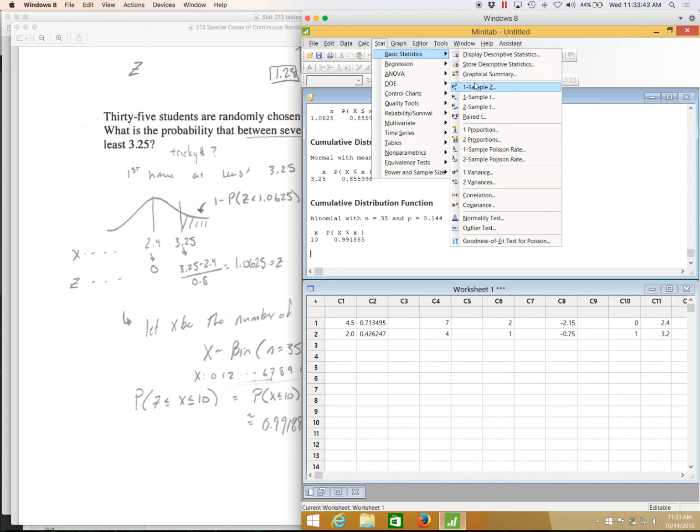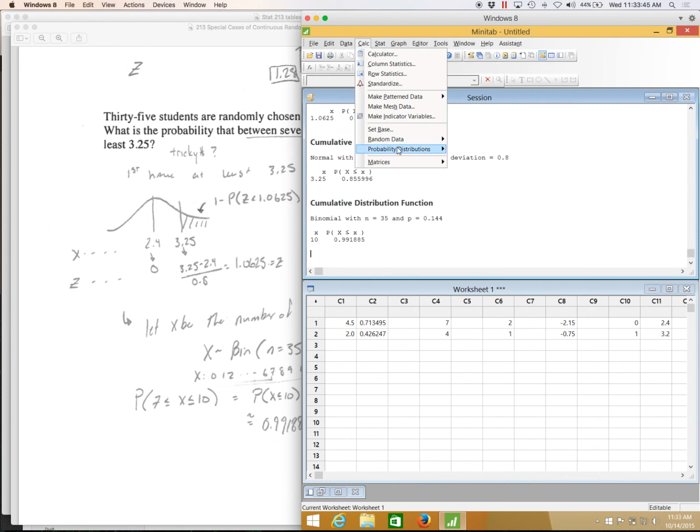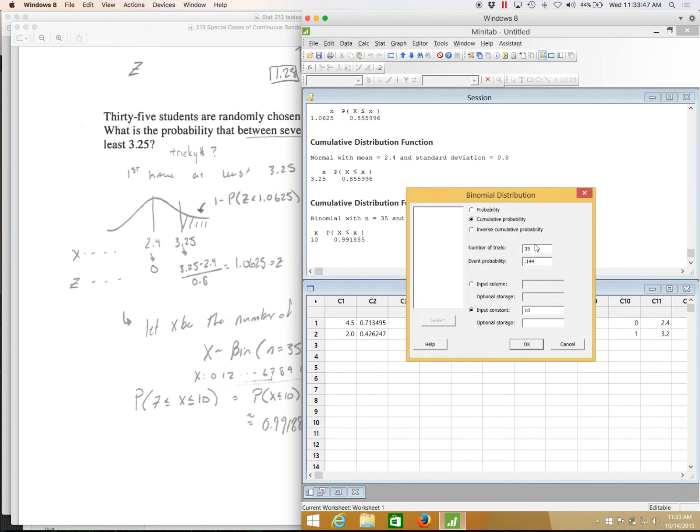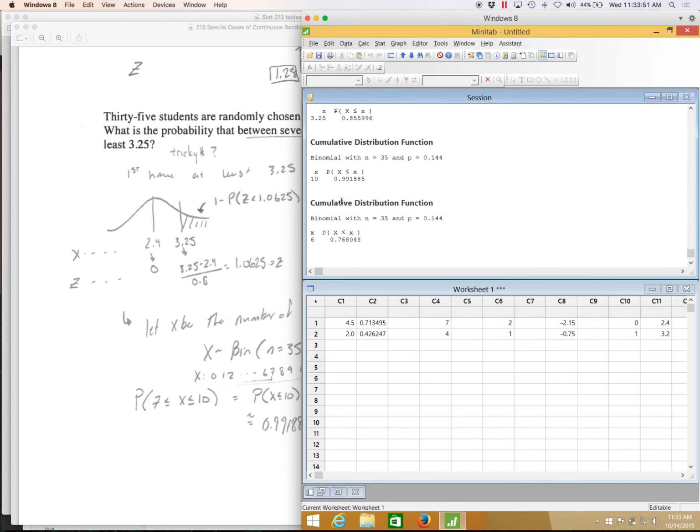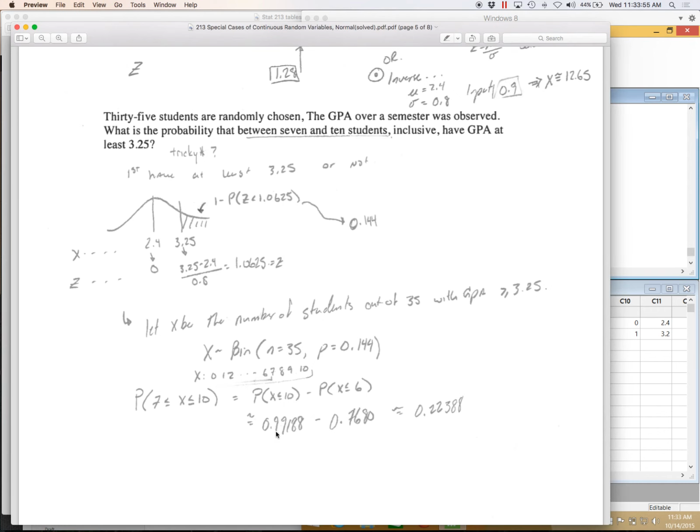I want the cumulative probability also of having 6 students. These two areas are my cumulative areas. If I take the difference between those two areas, I get the probability of having between 7 and 10 students with a GPA of 3.25 or higher. That would be 22%.